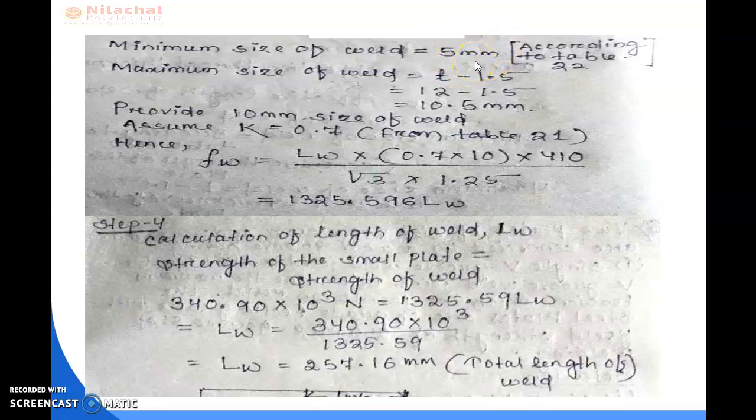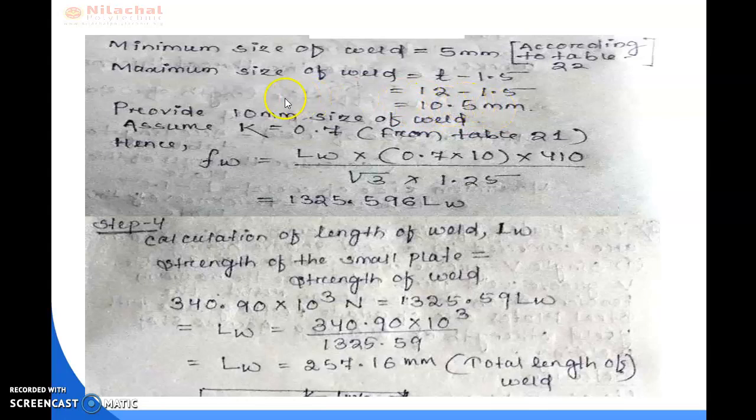For the maximum size of the weld, you have to take the thinner plate thickness, which is the same here, so you take 12 minus 1.5, giving a maximum size of the weld of 10.5 mm.